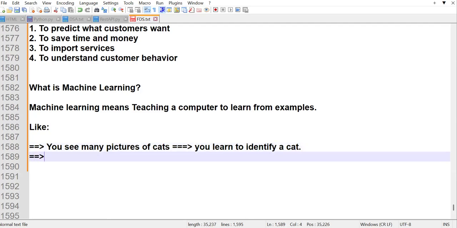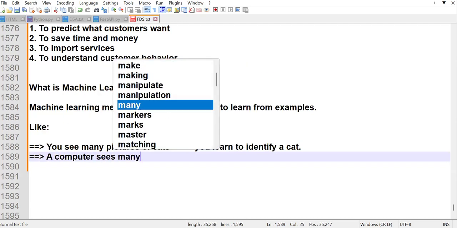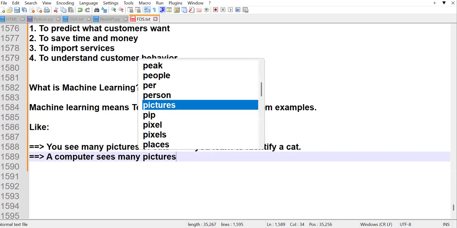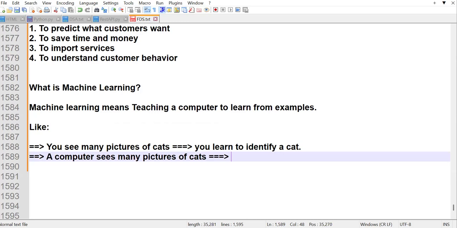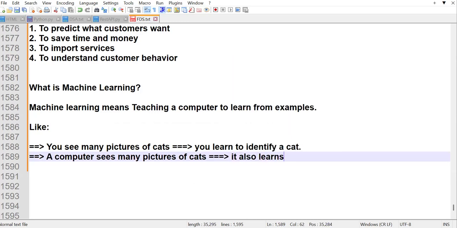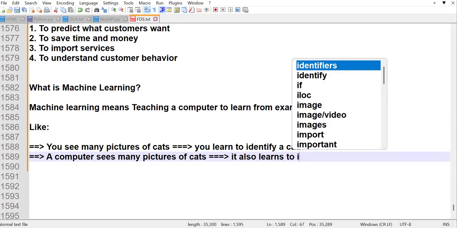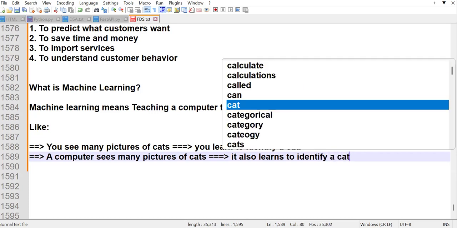Similarly, a computer sees many pictures of cats, and it also learns to identify a cat.